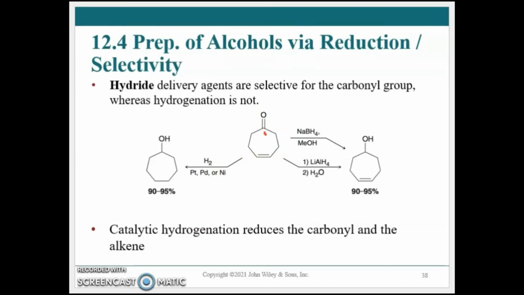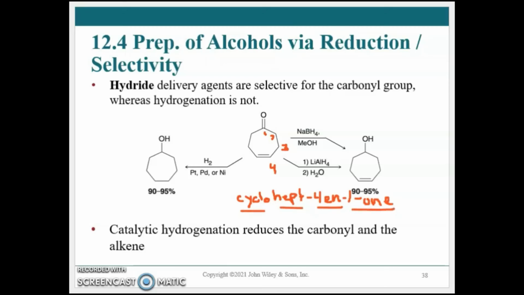This is 1, 2, 3, 4. So I start to say this is a cyclohept-4-ene-1-one.